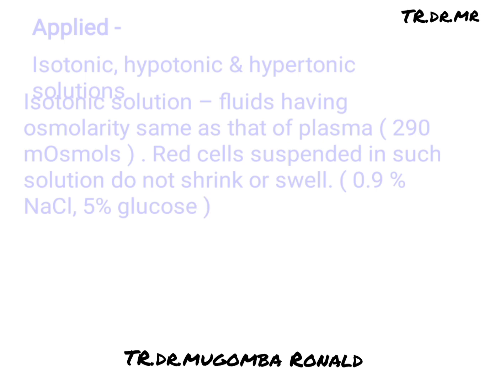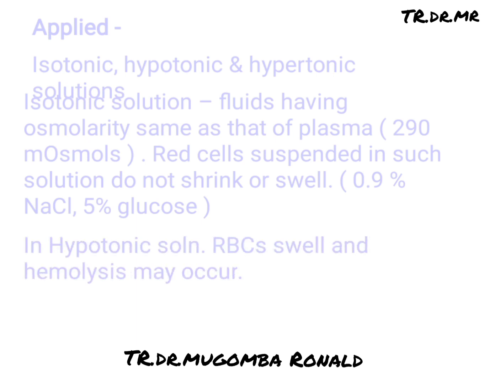An isotonic solution is a fluid having osmolarity which is the same as blood plasma. That's when we say it is isotonic, because iso means the same. A solution that has the same concentration as blood plasma, or the same concentration as red blood cells, is isotonic, and it is usually about 0.9% sodium chloride and 5% glucose.